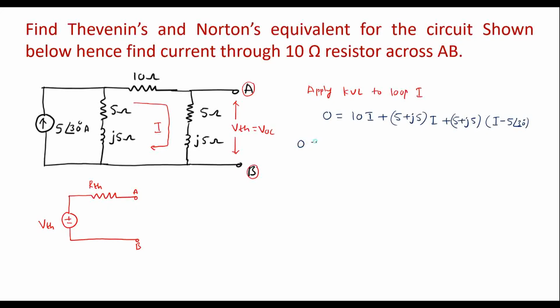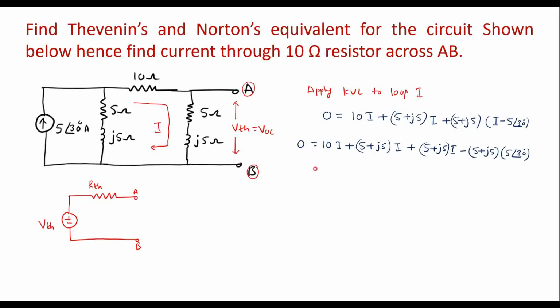Simplifying this, 0 is equal to 10I plus (5 plus J5)I plus (5 plus J5)I minus (5 plus J5) into 5 angle 30.